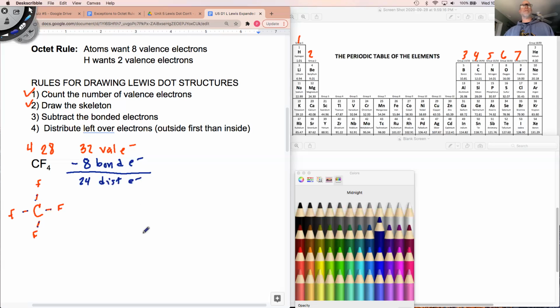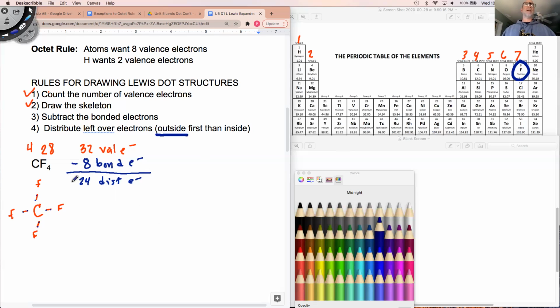So we're going to distribute those electrons. But where do we distribute the electrons? It says distribute the electrons, but start on the outside. Each one of these fluorines has 2 electrons. Fluorine wants to have a total of 8 electrons because it's not hydrogen. Remember, everything pretty much wants to have 8 except for hydrogen.